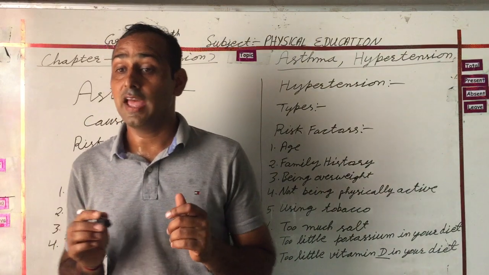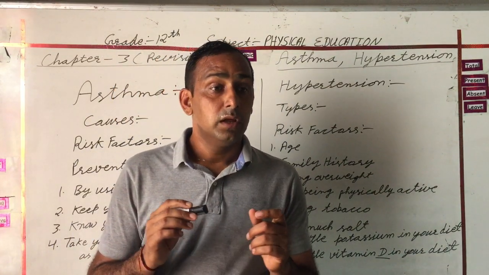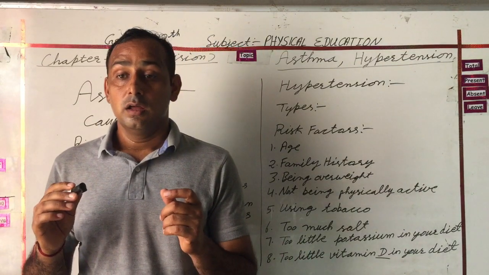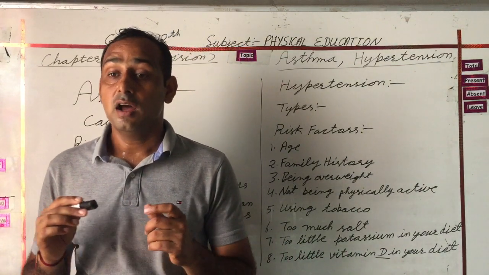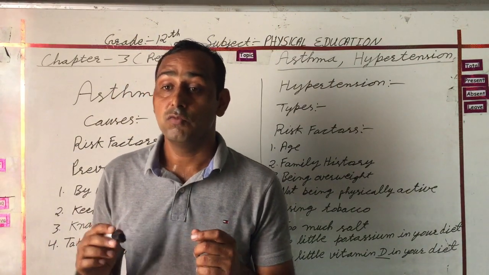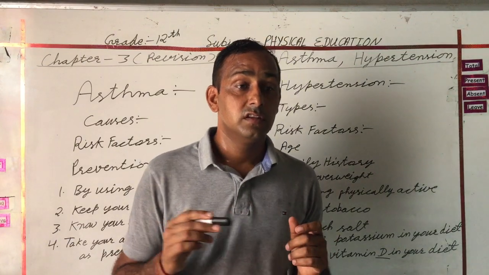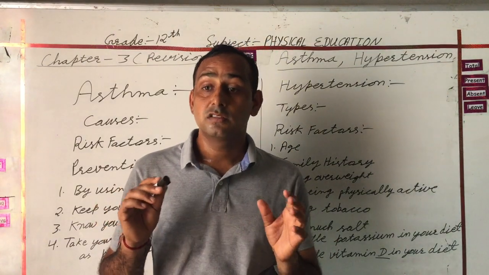Minimize dust in the house and at work places. For example, removing carpeting and installing hardwood can reduce dust, and using a mask while cleaning can also prevent asthma. This is keeping your surroundings clean.